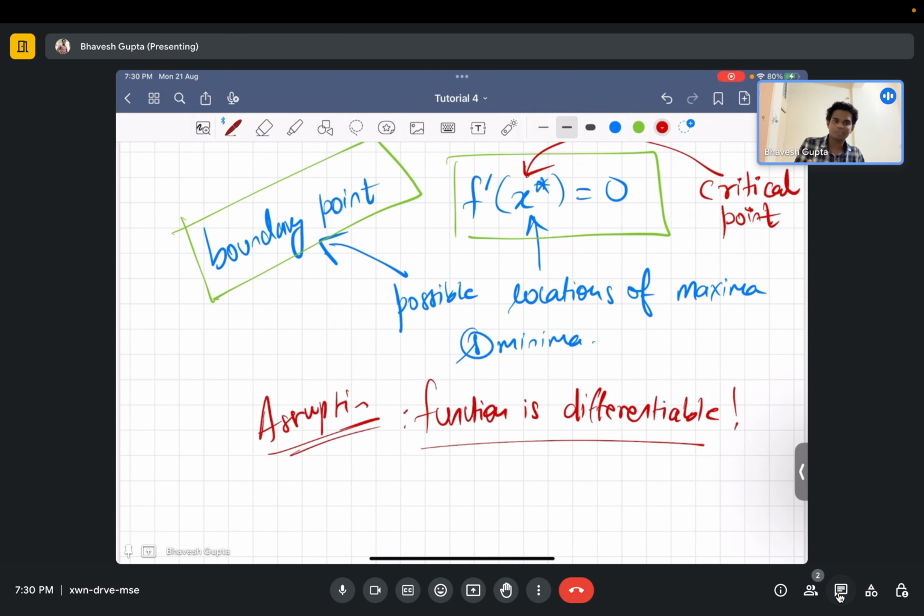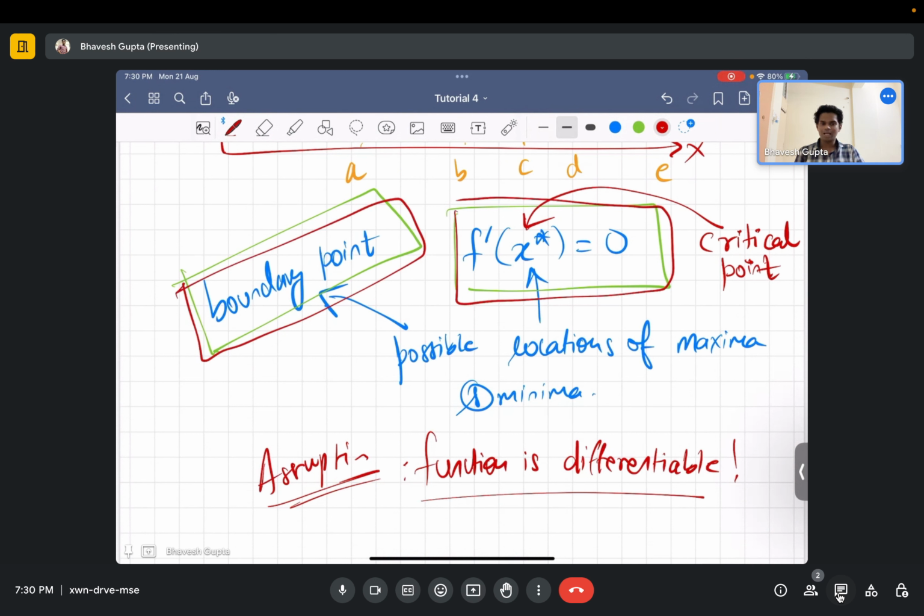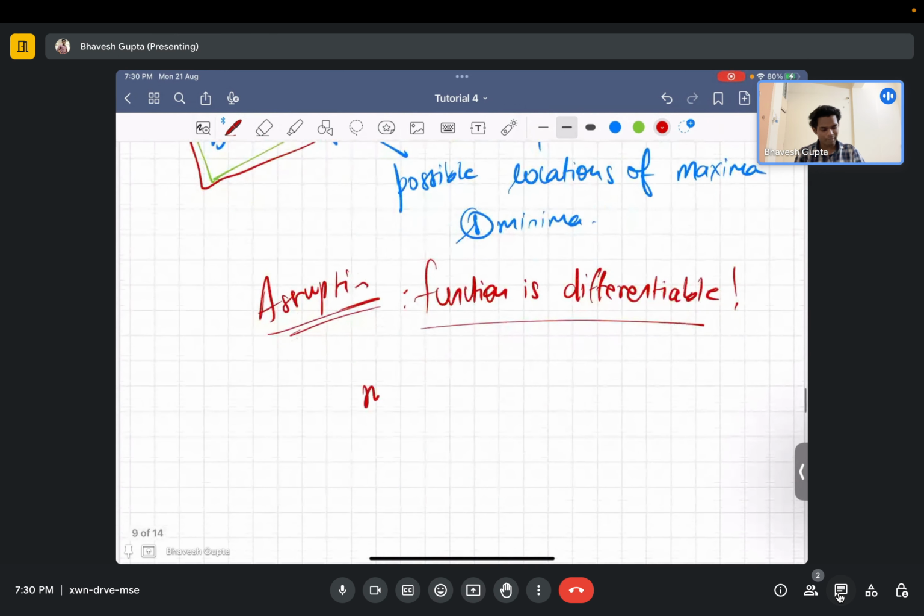As long as this assumption is true, I can always check the values of the function at boundary points or at my critical points, and I'll just compare them. So I just find the maximum of the values, and I will say that's the maximum.